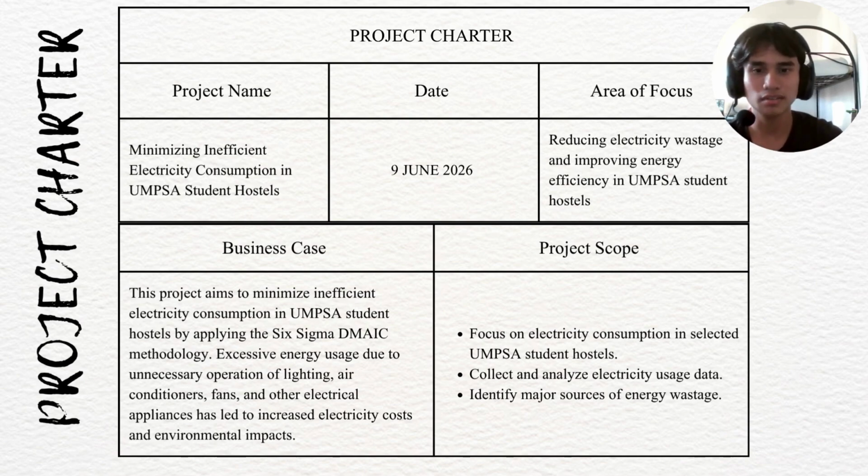For the business case, this project aims to minimize inefficient electricity consumption in UMPSA student hostels by applying the Six Sigma DMAIC methodology. The excessive energy usage due to unnecessary operation of lighting, air conditioners, fans, and other electrical appliances has led to increased electricity costs and environmental impacts.